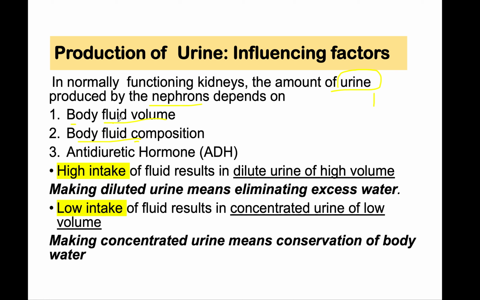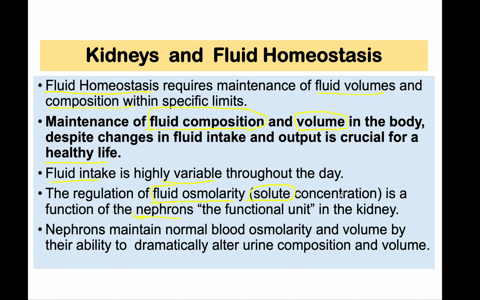So if you drink too much water, then of course the urine will be diluted and of high volume, because your body will try to eliminate excess water. We want to keep the volume and the composition within specific limits. That's fluid homeostasis.